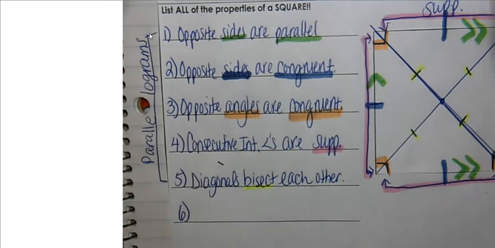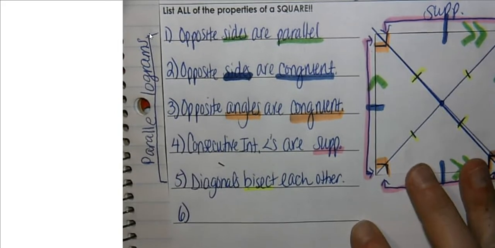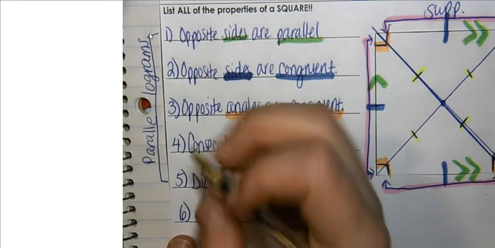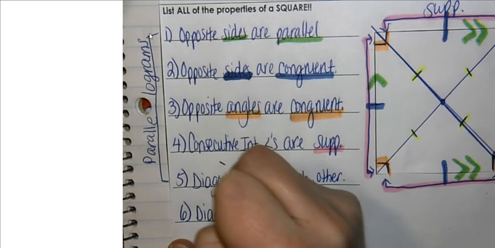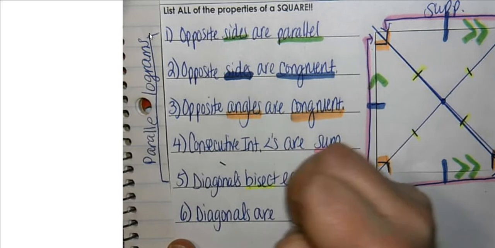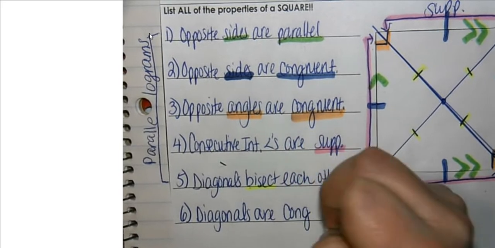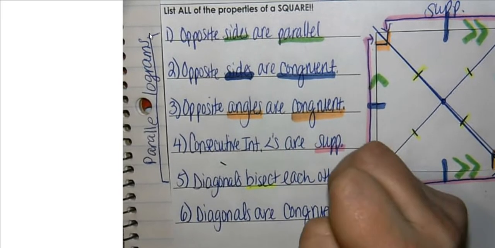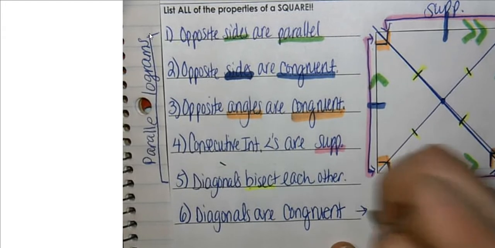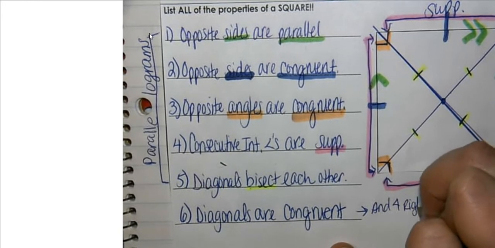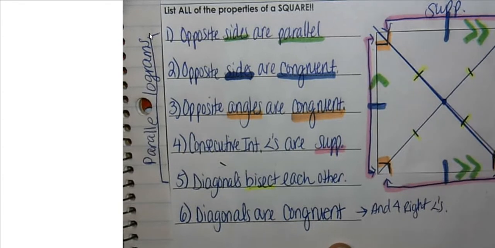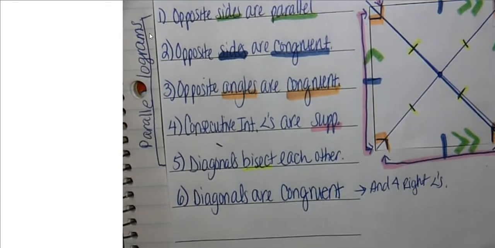So we have 4 right angles, which we already have marked, plus the extra one is that the diagonals are congruent to each other. But we also have 4 right angles. And that came from rectangles. So this one right here is strictly rectangles.